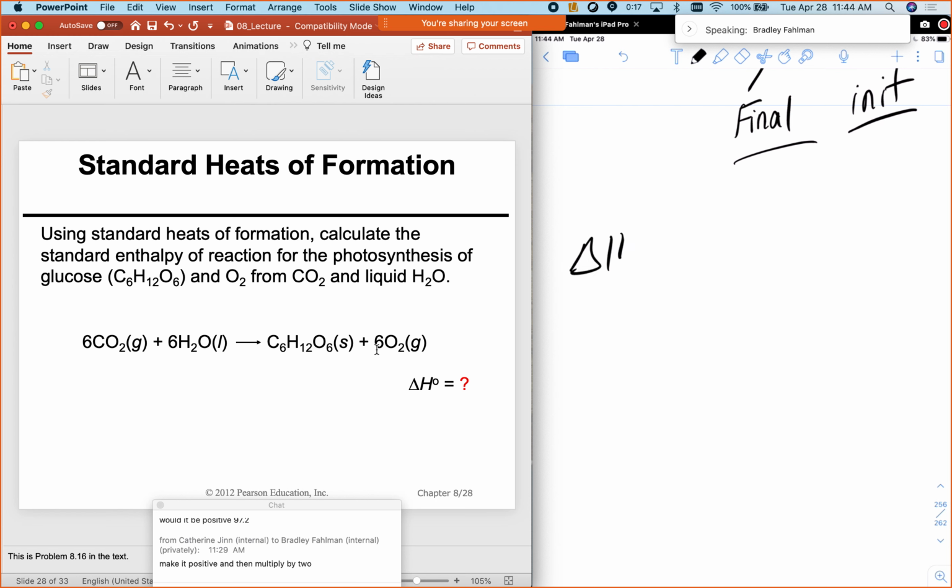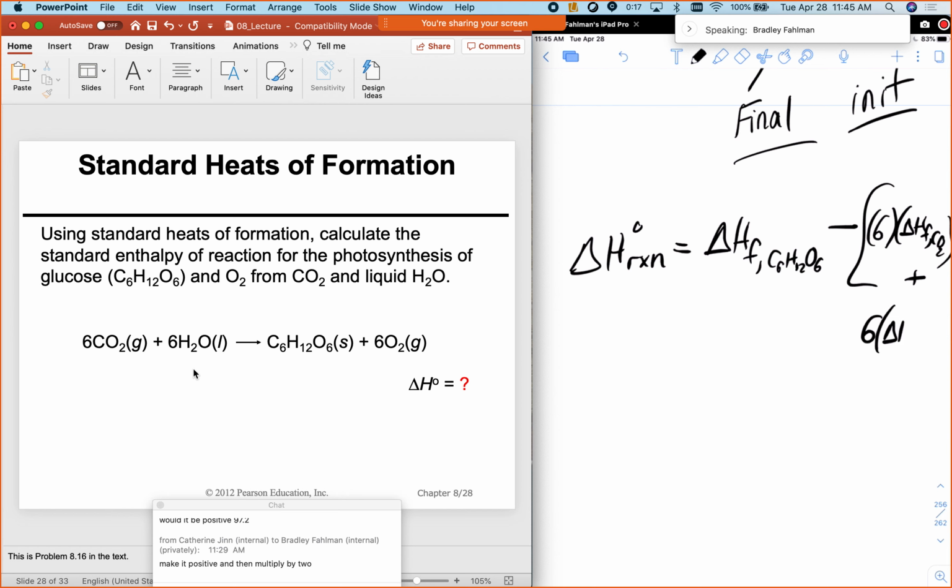So the delta H of reaction is just delta H formation for this C6H12O6 minus all of these reactants: 6 times the value for CO2, and then 6 times the value for water, and it's liquid water.